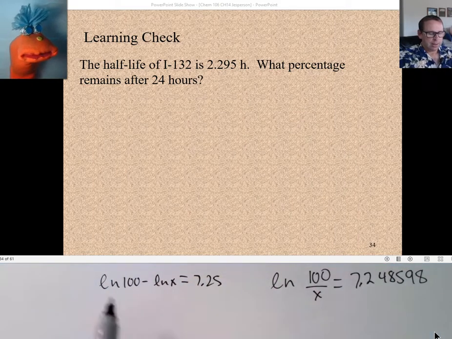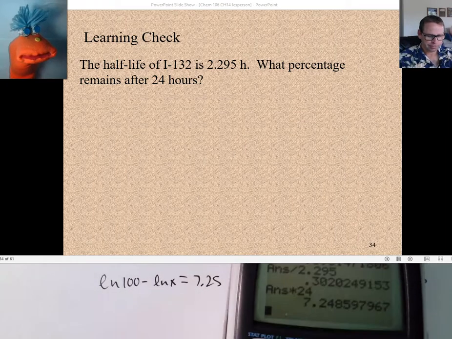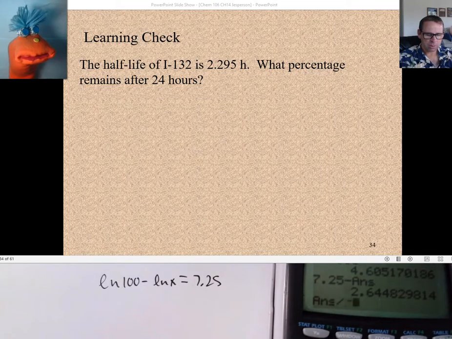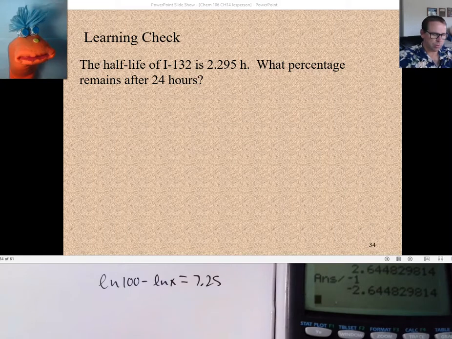Okay? Now I can take the natural log of 100 and I can take 7.25 and then subtract that. All right, 2.64 equals, and I'll divide that by -1. So the natural log of x equals -2.64.